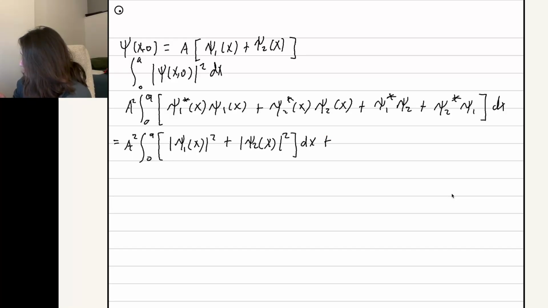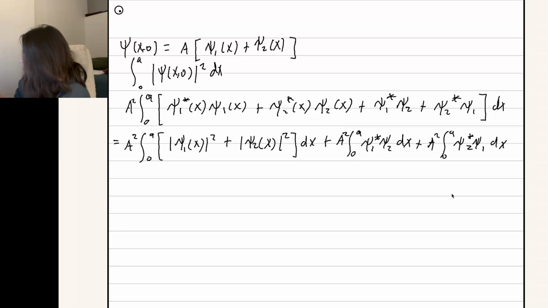We actually have a squared times the integral from 0 to a of psi 1 star psi 2 dx plus a squared times the integral from 0 to a of psi 2 star psi 1 dx.